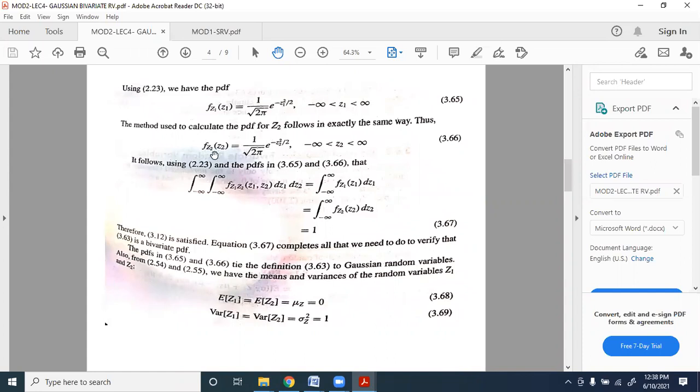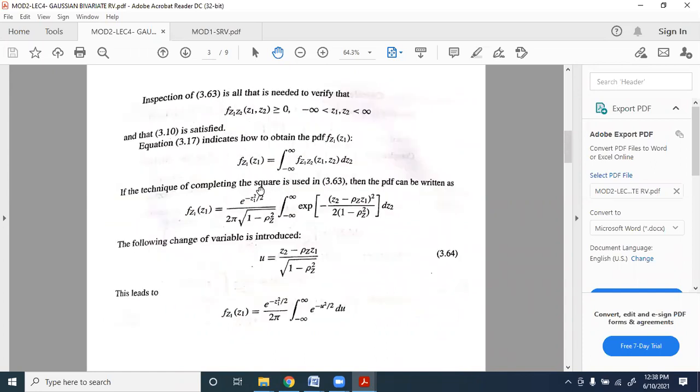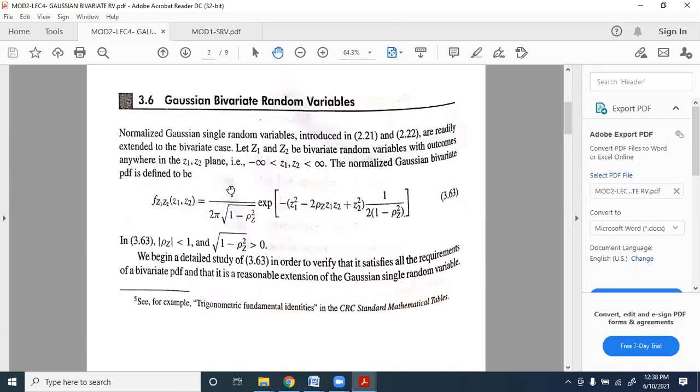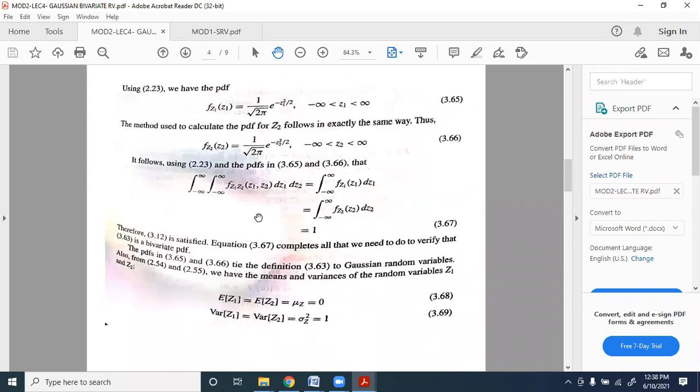In the same way, by integrating the expression over here on both sides with respect to Z1, I'll get f of Z2, the PDF of Z2. And if you simplify on the same basis, similarly we'll get 1 by root of 2 pi e to the power of minus Z2 squared by 2.